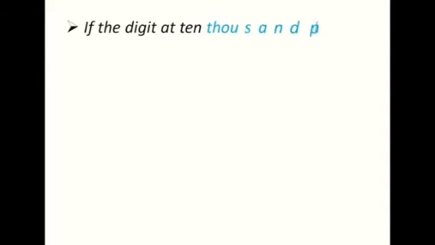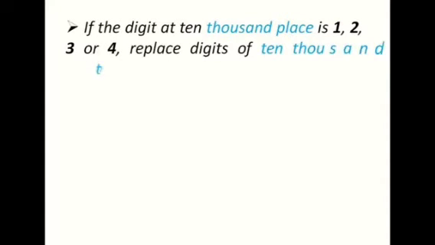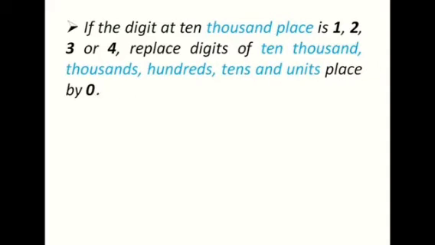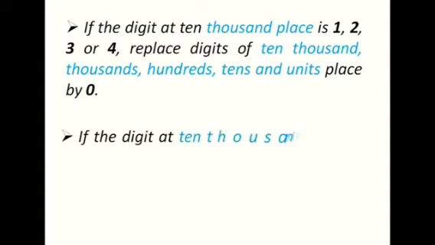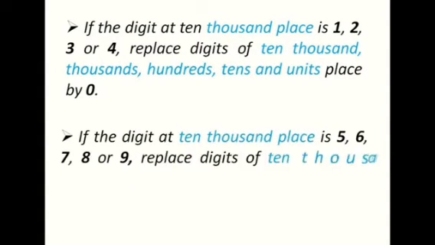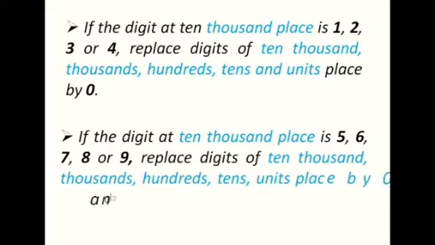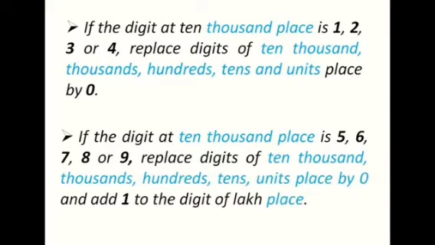We have discussed two sums, how to estimate to the nearest 1 lakh. So we have used rules there. So let's have a quick review of those two rules. The rule says if the digit at 10,000 place is 1, 2, 3 or 4, replace digits of 10,000, thousands, hundreds, tens and units place by 0.